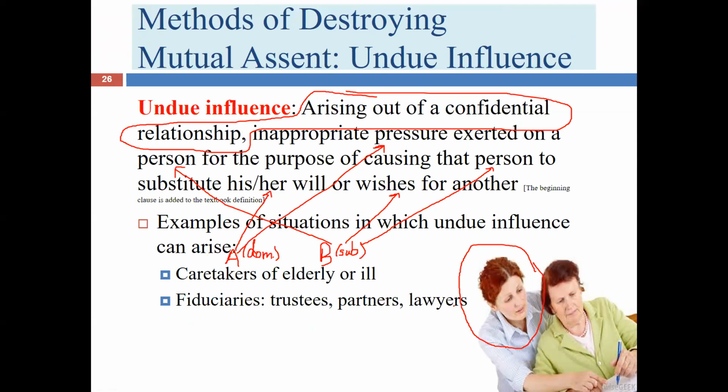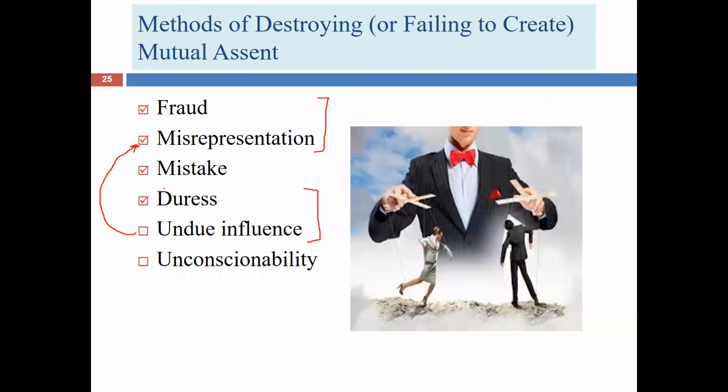So an attorney, for example, who is advising a client about what business entities he ought to invest in, if suddenly the attorney is suggesting the attorney's own businesses, even if he doesn't lie about it, even if he doesn't misrepresent things, if he's in that position of trust, he may be exercising undue influence over his client.